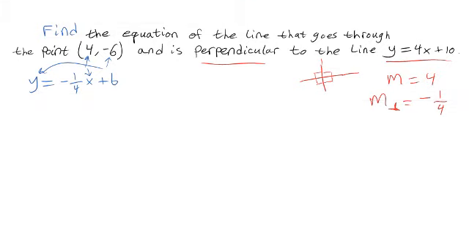We just plug in -6 for y, and then we have -1/4 here. Plug in 4 for x, plus b. All we do then is solve. I'm doing this step by step, so it's very easy to follow. This just turns into -1.